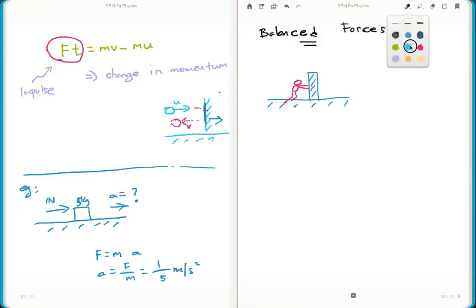In this chapter, you need to feel it. How do you feel it? Now, if you were pushing the wall, there's definitely one force from you to the right. Well, don't forget, while you are pushing it, there would be another force. You feel like there's another force pushing against you.